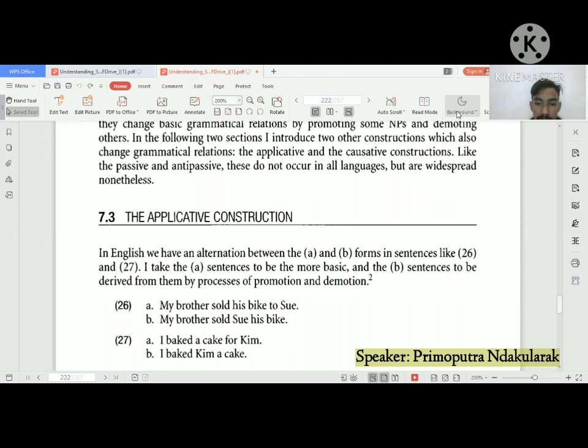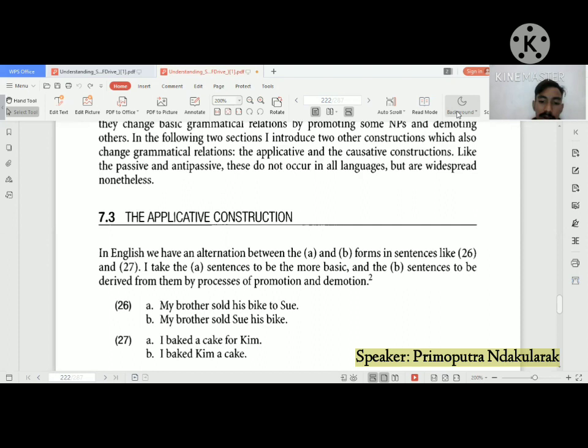There is no longer a PP in the B sentence. This construction in English is often known as dative movement, although English has no actual dative case marking, because in some languages, indirect objects such as to Sue are marked dative.